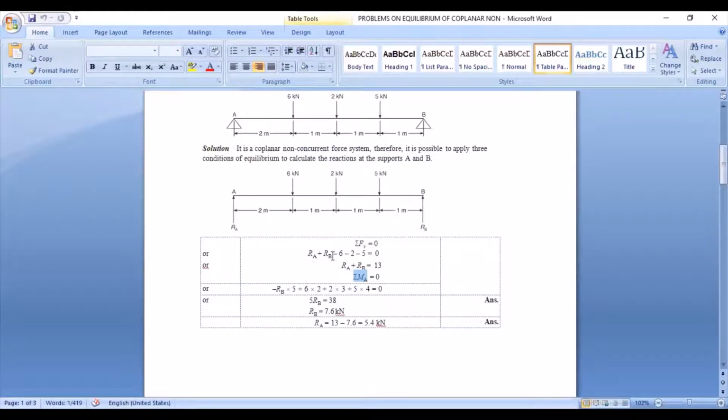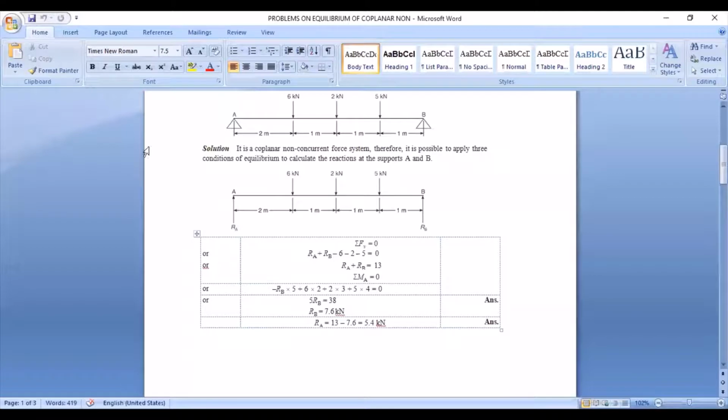I repeat, choose the moment center in such a way that most of the unknowns, in the sense reactions, are 0.